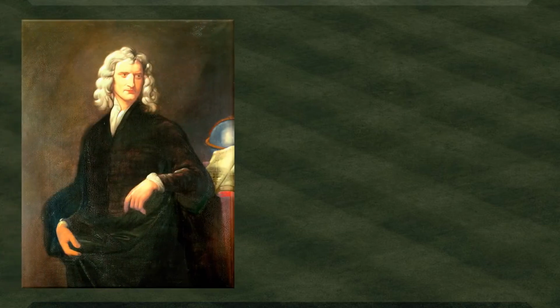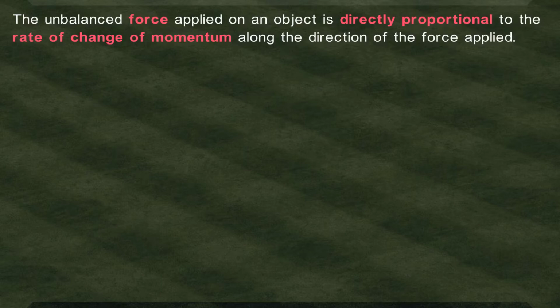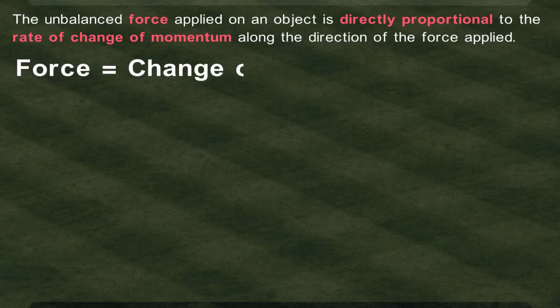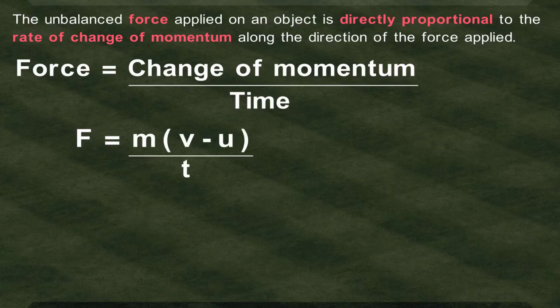The great physicist Isaac Newton, in his second law of motion, states that the unbalanced force applied on an object is directly proportional to the rate of change of momentum along the direction of the force applied. When this is shown in an equation, force is equal to the change in momentum divided by time, which we call the rate of change of momentum.